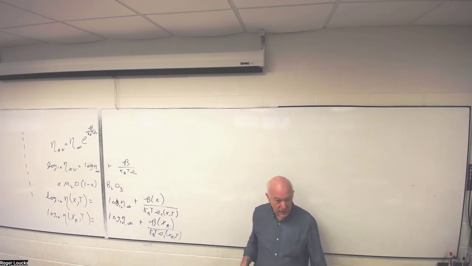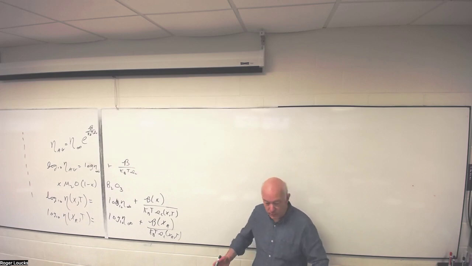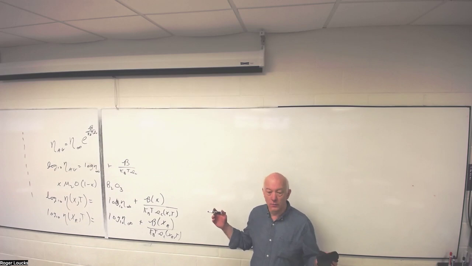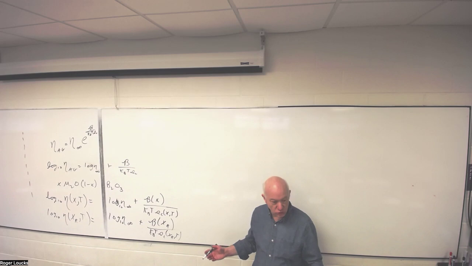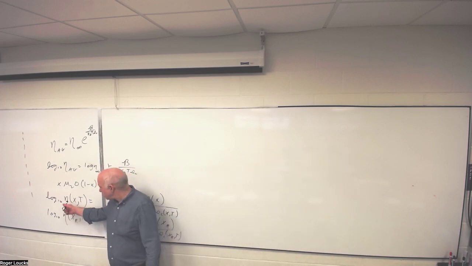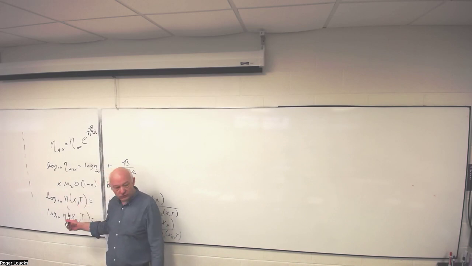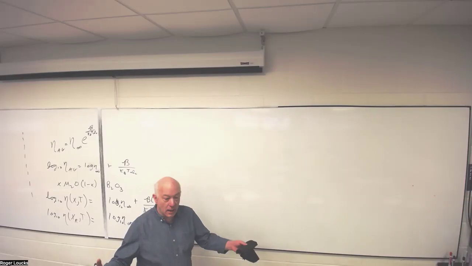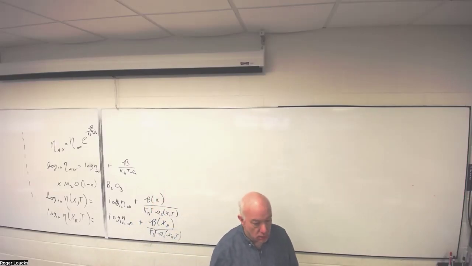So X_R refers to some reference composition. Now, how could we equate them? We said, I know that if the temperature is the glass transition temperature, then what do we know about all glass transition temperatures? The log base 10 of eta at the glass transition temperature, no matter what the composition, has to be 12.